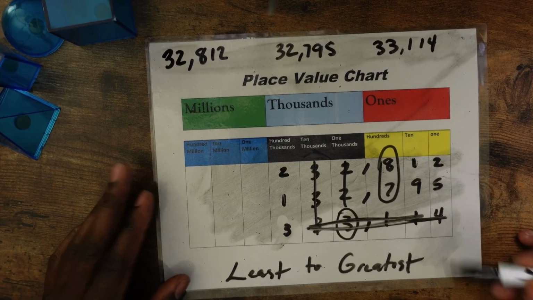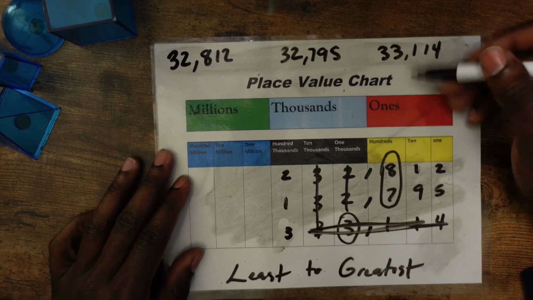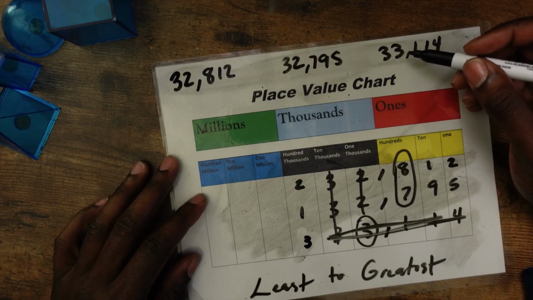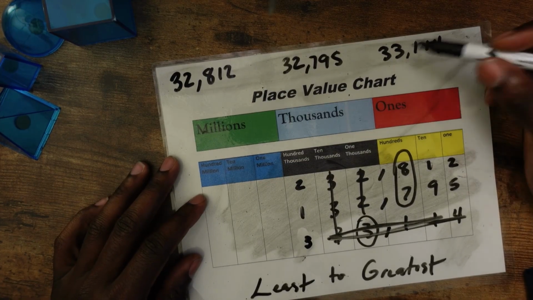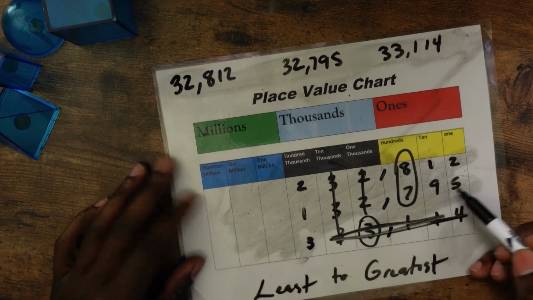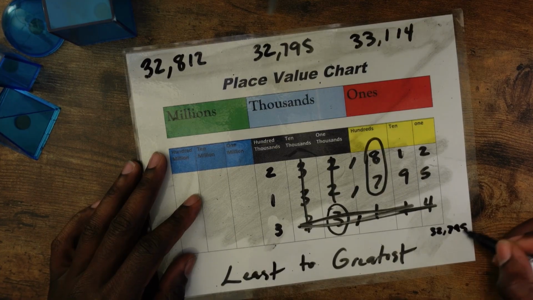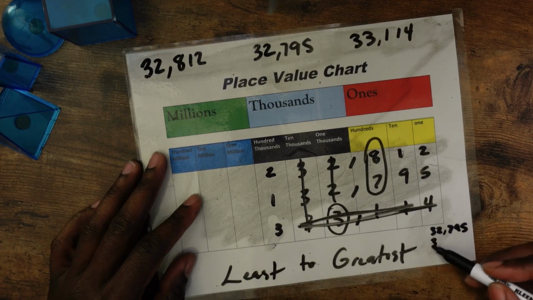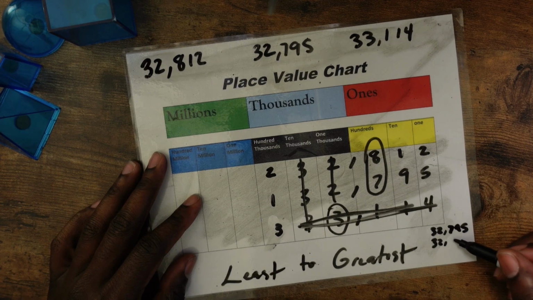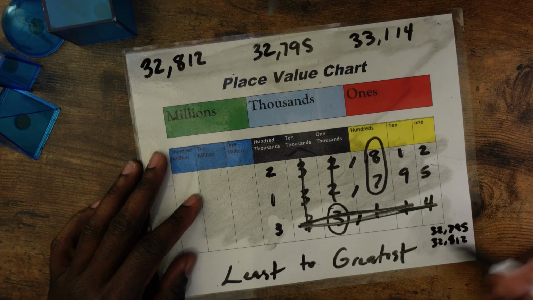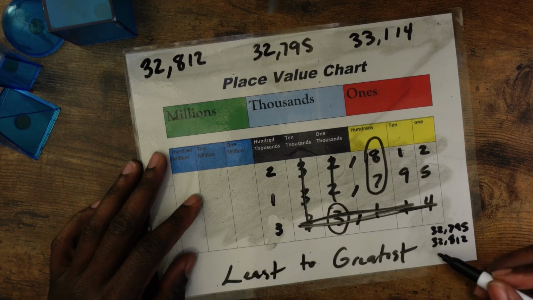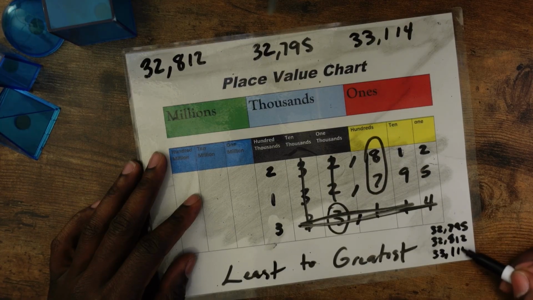Maybe rewrite them right here. 32,795. 32,812. And then my third, the largest number will be 33,114.